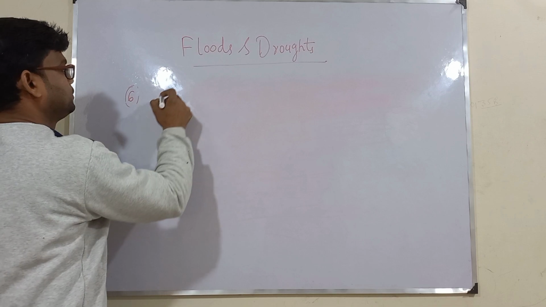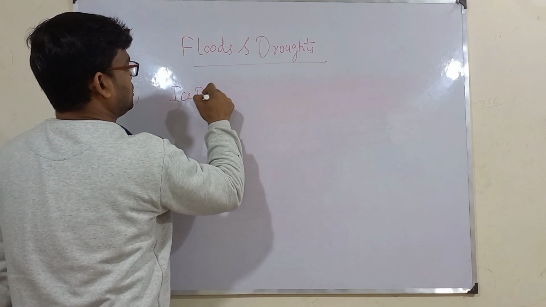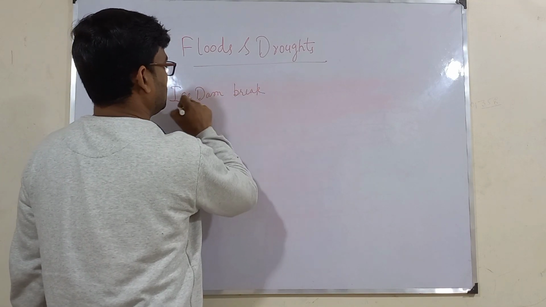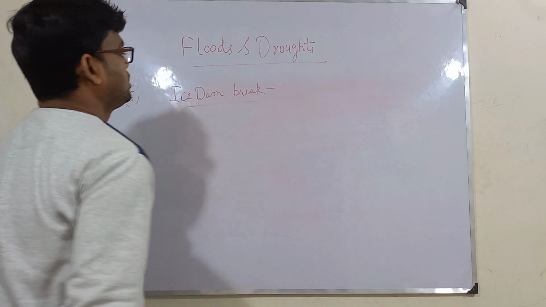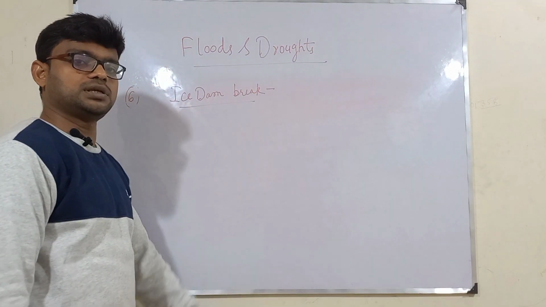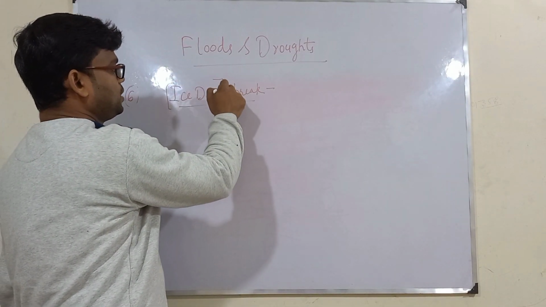The sixth one is ice dam break. Now, what is this ice dam? Generally, in the mountainous regions or in the glacial regions, we have several ice dams.